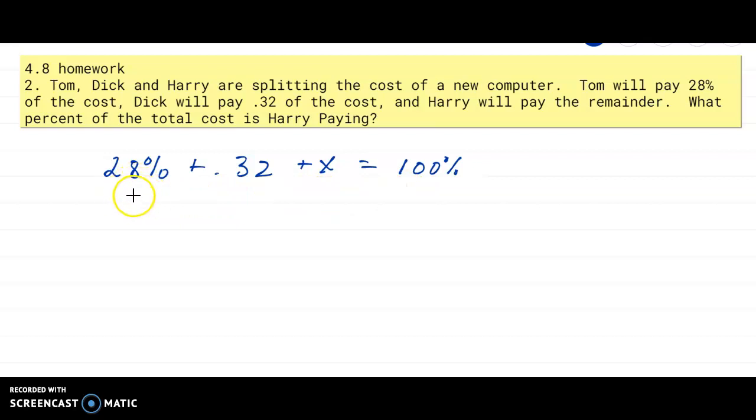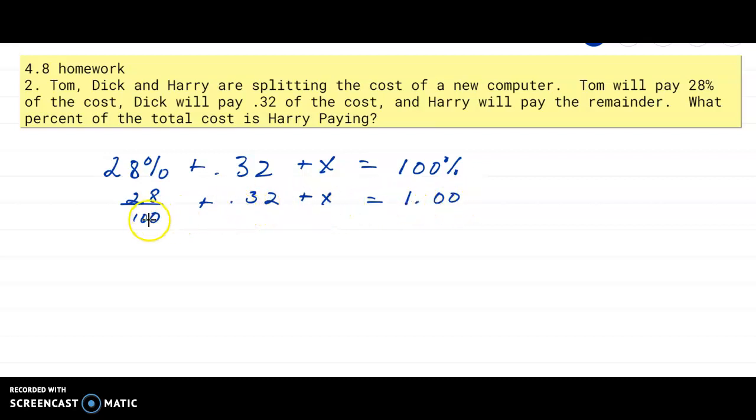So 28% is equivalent to 28 over 100 plus 0.32 plus x equals 1.00. Okay, 100% is equal to 1, and I'm going to put the decimal there because it's easy if I'm working with all decimals.